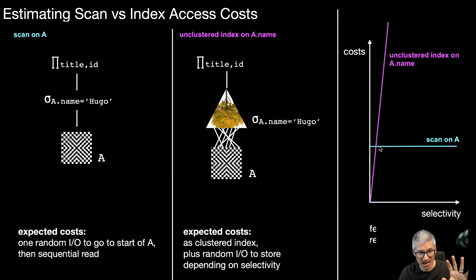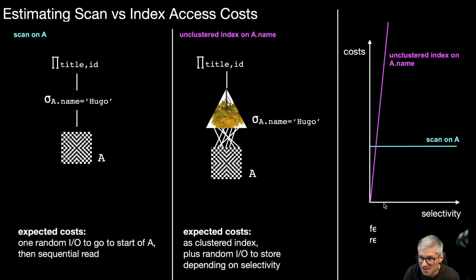If you just look at the scan, of course, the more tuples you push up later on, there are additional costs attached to that. But if you just look at retrieving the data and filtering out the qualifying elements, that's basically constant costs. That's independent of the selectivity. Selectivity meaning the number of tuples qualifying.